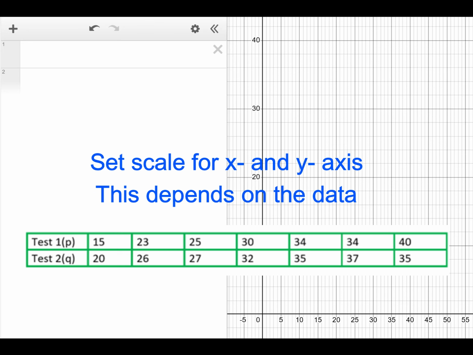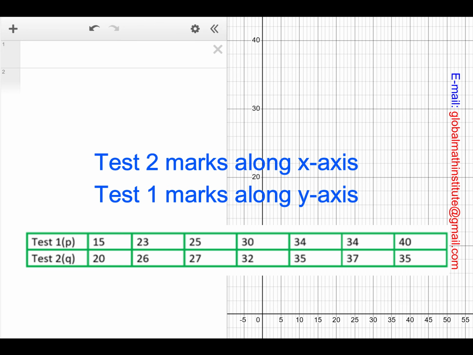We also know that line 1 is dependent on line 2 in this particular case, and therefore the information given in line 2 will be treated along the independent x axis, and the information for line 1 will be treated as dependent.